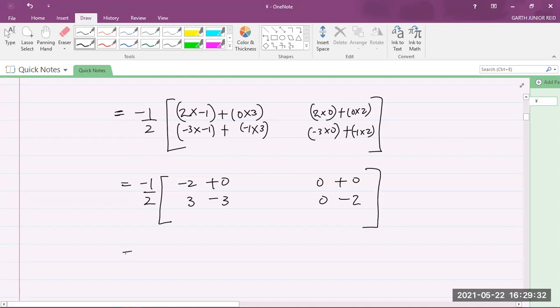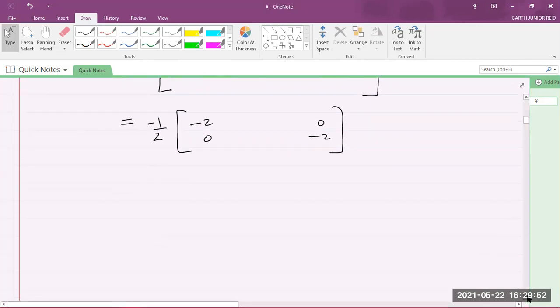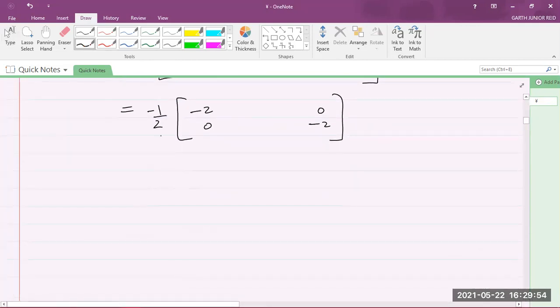Let's simplify further. Negative 2 plus 0 gives us negative 2. 3 minus 2 gives us 0 here. 0 plus 0 gives us 0. And 0 minus 2 gives us negative 2 here. Now I'm going to perform scalar multiplication.